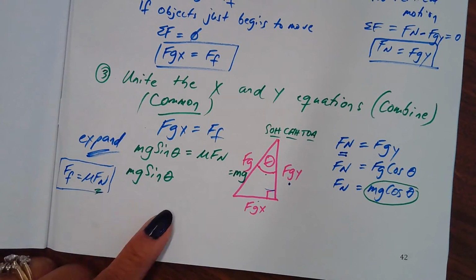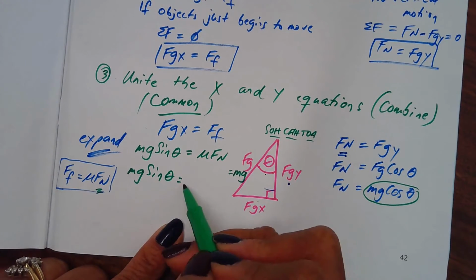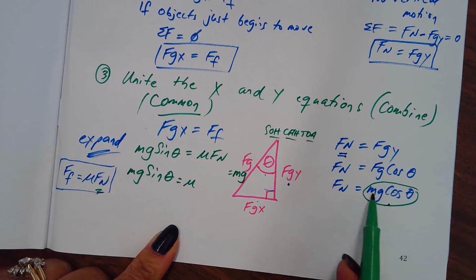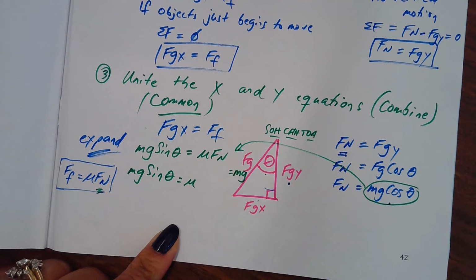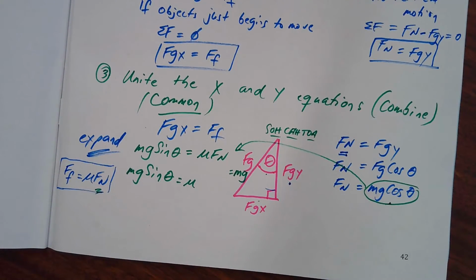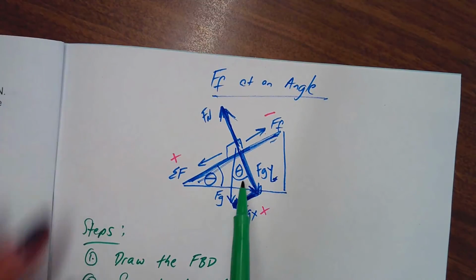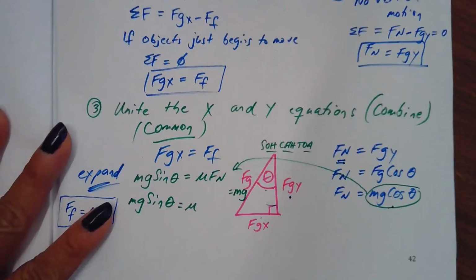Just rewriting it. This is equal to now mu. What do I do with the Fn? Put this into there. Do you understand that part? We are substituting. We're combining the x and y components because they're the same thing. This x and y are actually part of that free body diagram right here. We're just putting it back together.